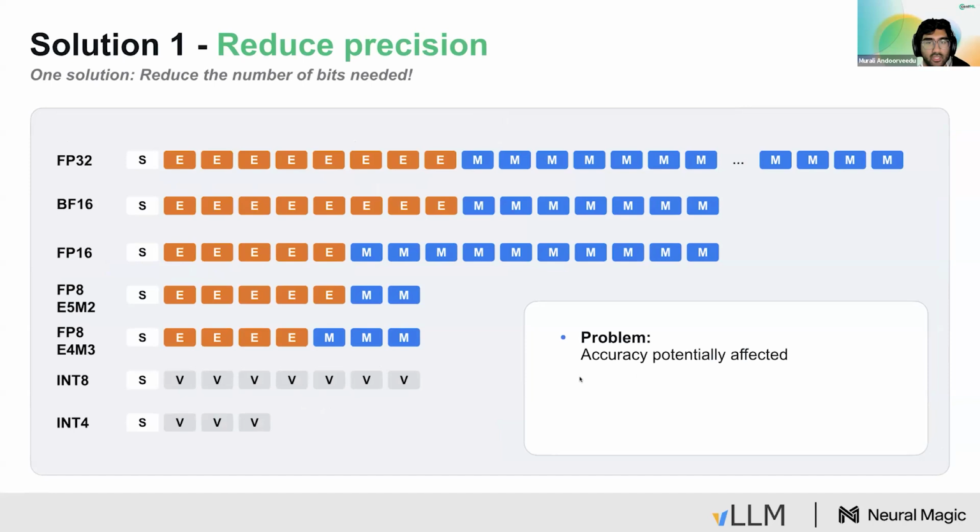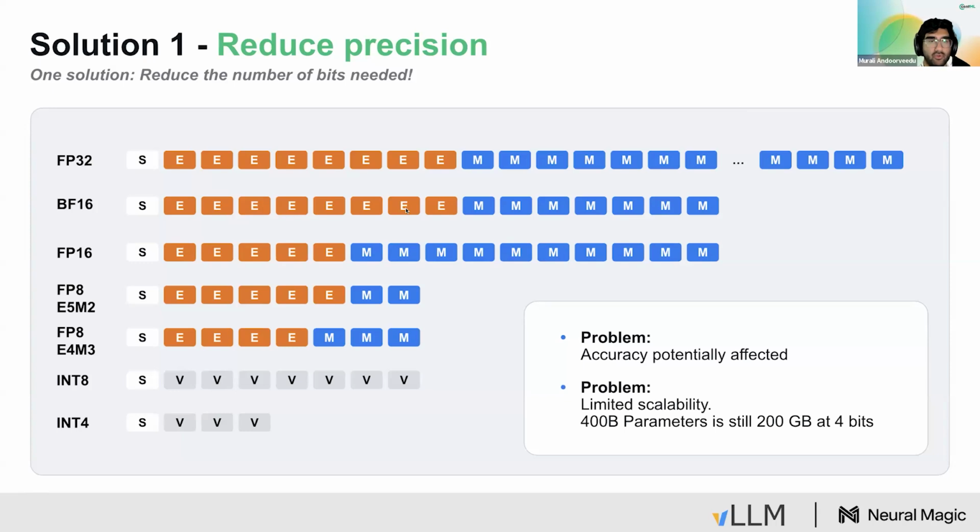The first issue is that accuracy is potentially affected, right? You're not going to have a complete match with the standard version of the model, for example. This is not as much of a problem, I guess, with more modern quantization techniques, but this is still something that you have to keep in mind. The second thing is this still has limited scalability, right?